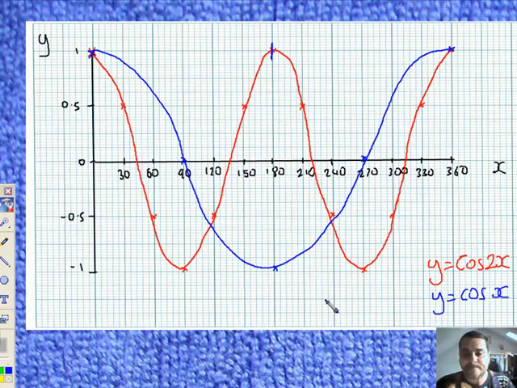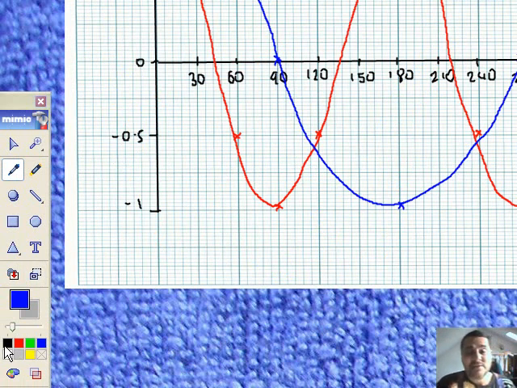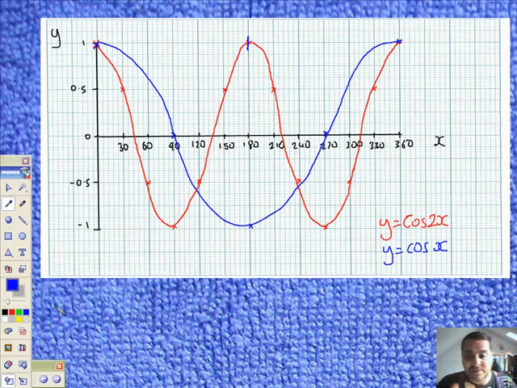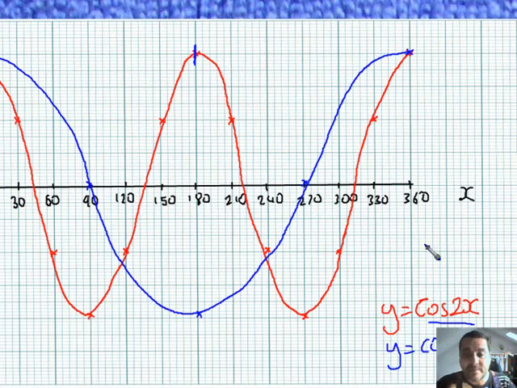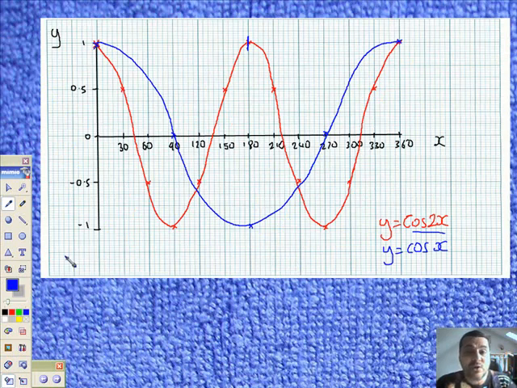So from 0 to 360 for y equals cos x you get a complete wave. From 0 to 360 for y equals cos 2x you get two complete waves. And that's it. Do I need to write this down? Let's just do it because I've got time. There's nothing else to do in this video other than to appreciate the fact that cos 2x produces twice as many waves in the same space from 0 to 360 than does y equals cos x.